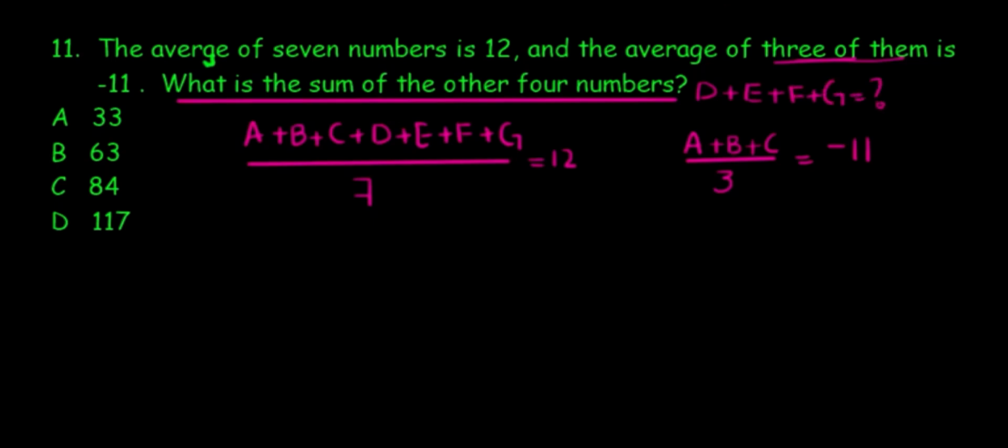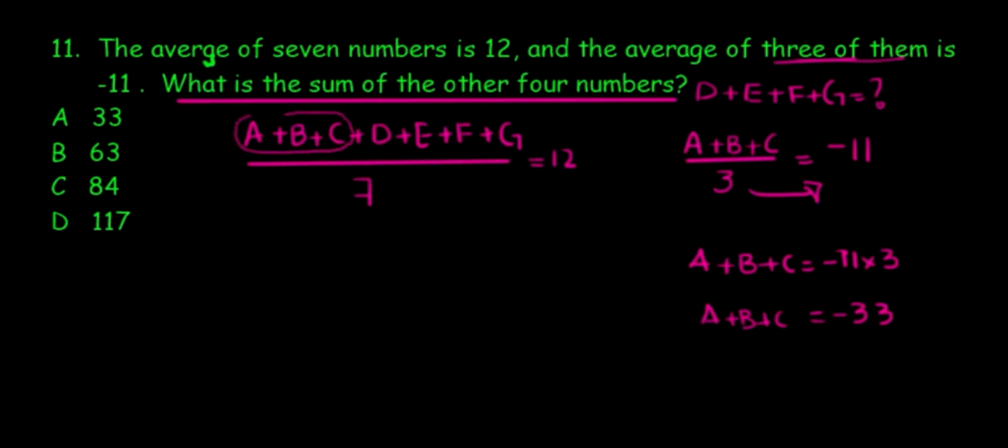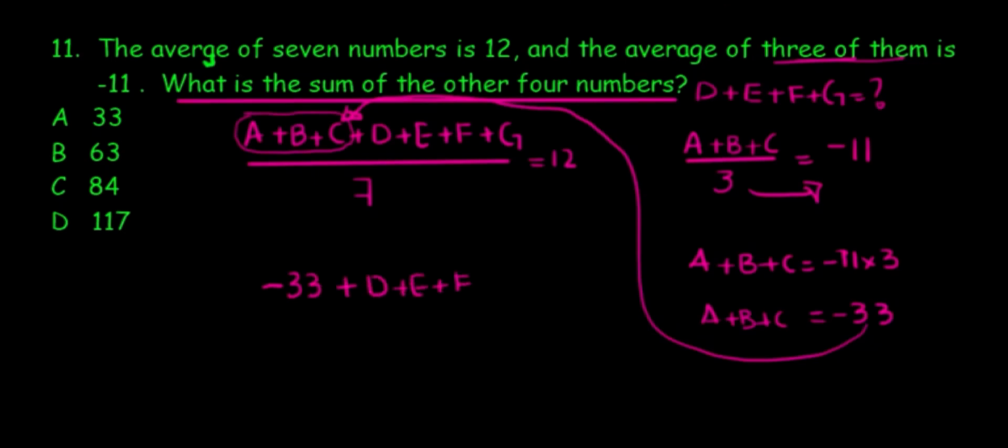I'll make use of the 2 equations that I formed. I'll take 3 to the other side. A plus B plus C equals negative 11 times 3. That's a negative 33. So that means the sum of A, B, and C is a negative 33, which means I can replace this entire thing by negative 33, plus D, E, F, G, over 7. Let me take 7 to the other side, so it becomes multiplication. That's 12 times 7, that's an 84.